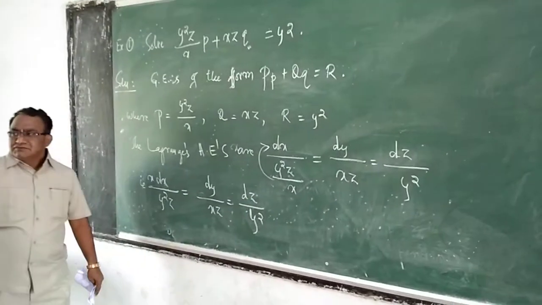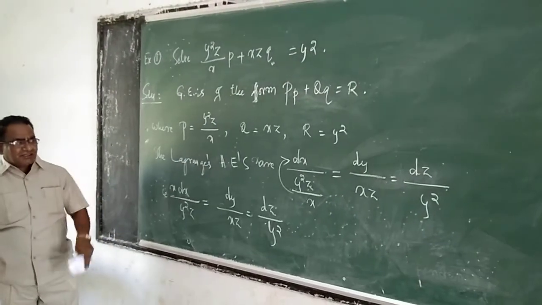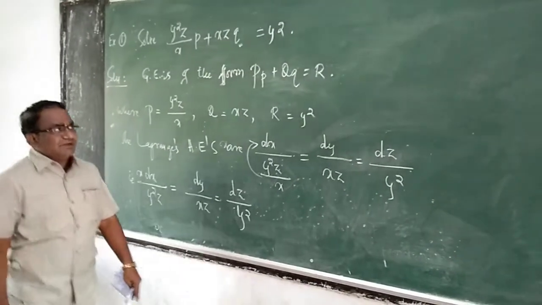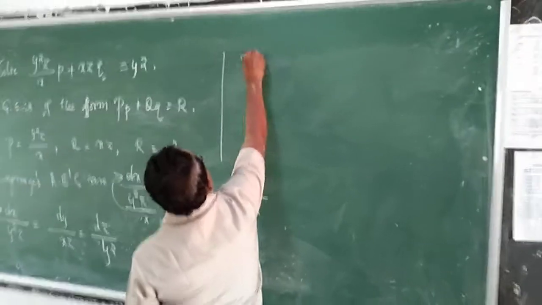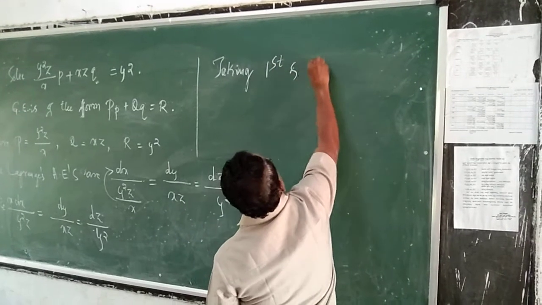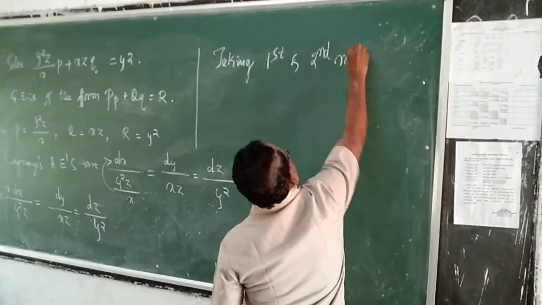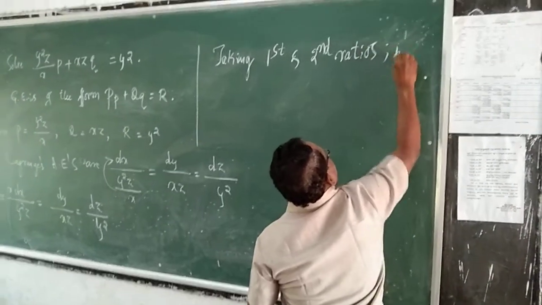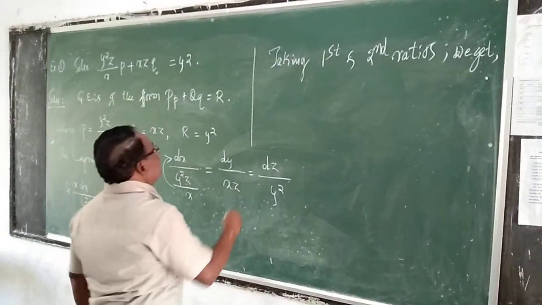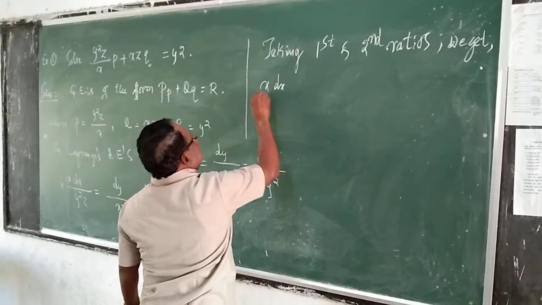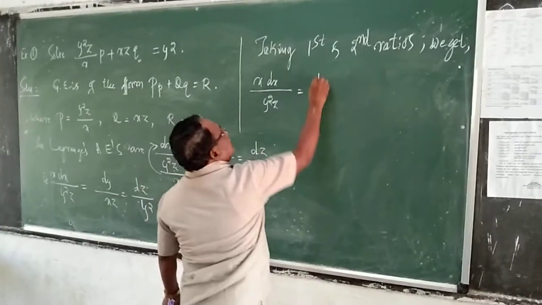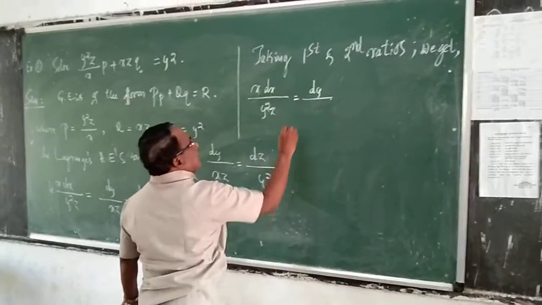And now let us solve these auxiliary equations by the first method, that is by grouping of the terms, taking first and second ratios. We get x into dx by y squared z is equal to dy by x z.